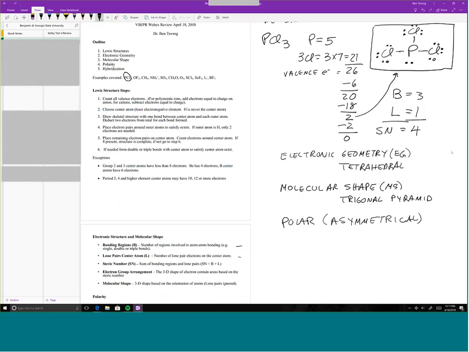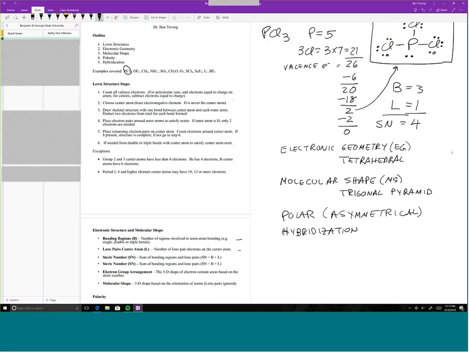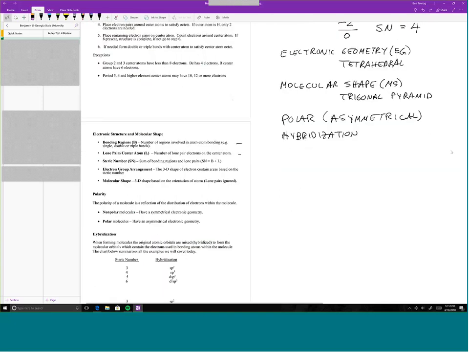Okay, last topic that we're going to cover for everyone is hybridization. I have a little summary of what hybridization means. When we bring these atoms together, we had 3 chlorine atoms and a phosphorus atom.